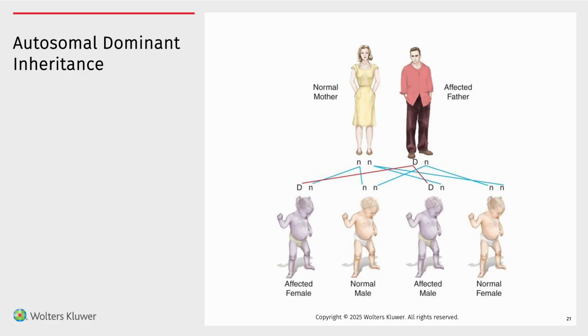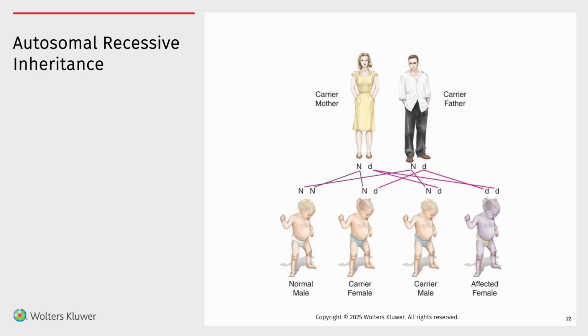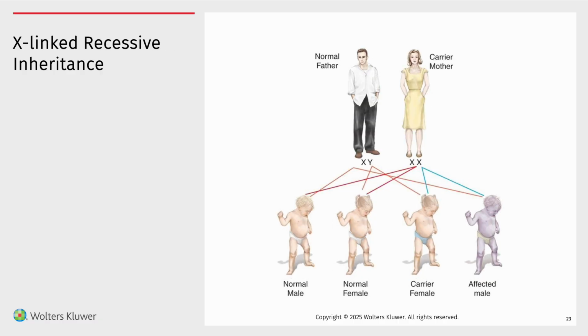So in this slide, it's visually representing the autosomal dominant inheritance, which should help students understand how the pattern affects the offspring when one parent is affected. So let's go back here.